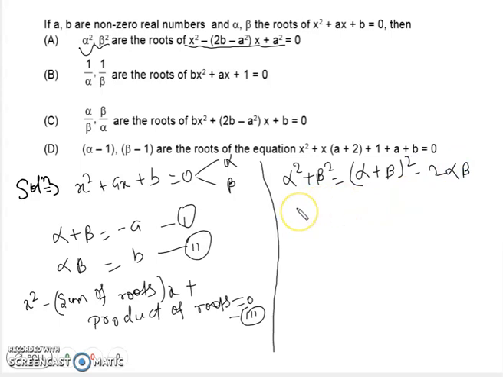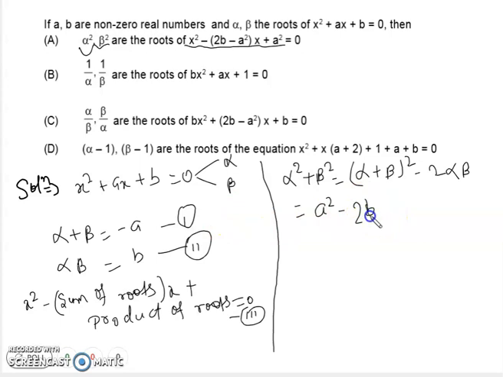And for alpha plus beta whole square, by using the first and second equations, you can write alpha plus beta from equation first equal to minus a, right? And minus a whole square is a square, and minus 2 alpha beta, and alpha beta from equation 2 is b, right?